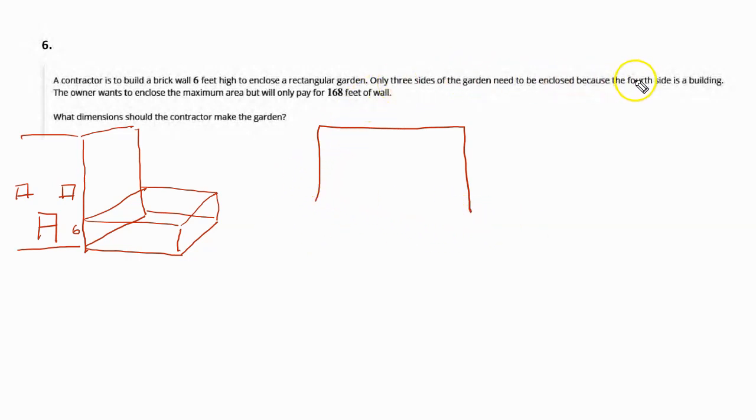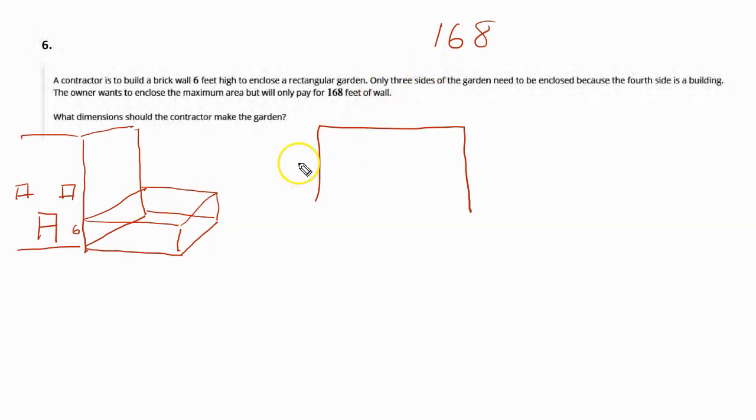So what we want to find is what will the dimensions of this be if you have a perimeter so far of 168 feet. He wants to get the greatest maximum area in here. So we eventually have to find the maximum, but we have to have an equation to start with.